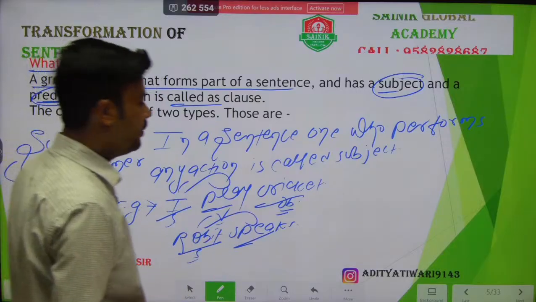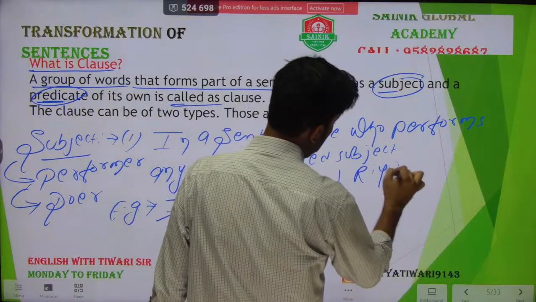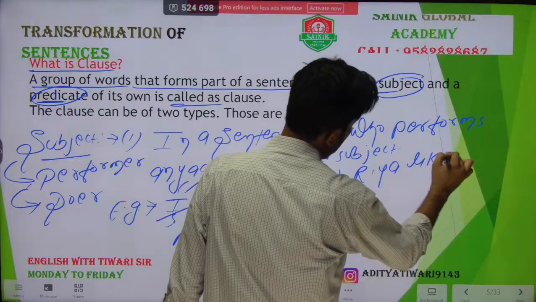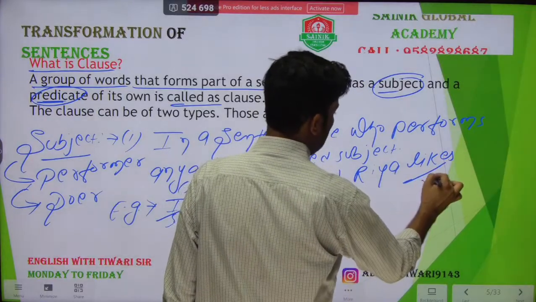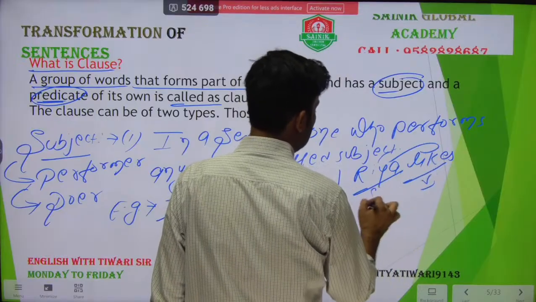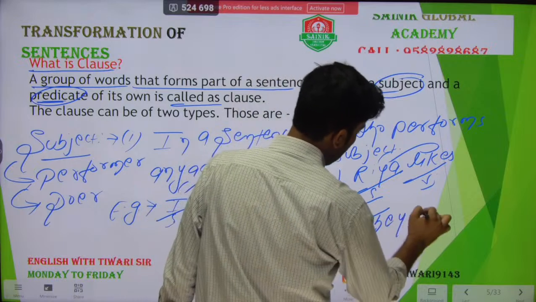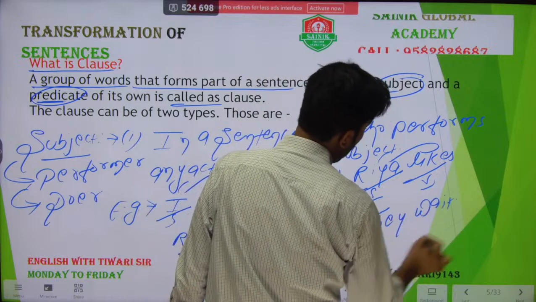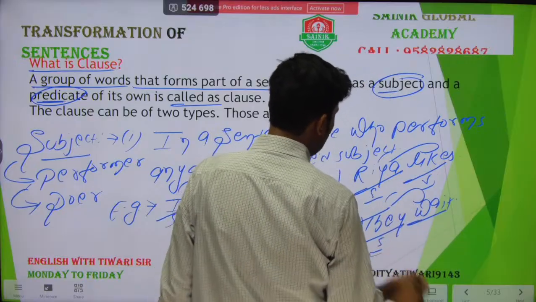One more example: Riya likes. Now what is the verb in this sentence? Likes. Likes is a verb and Riya is a subject. One more example: they wait. Now in this sentence wait is a verb and who is waiting? They. So they is a subject.